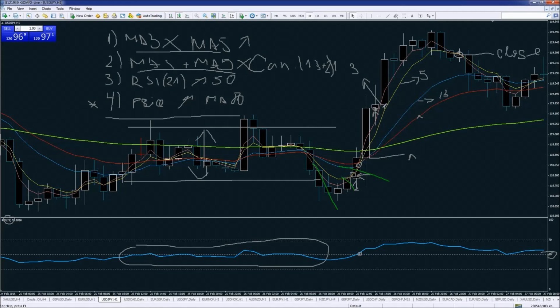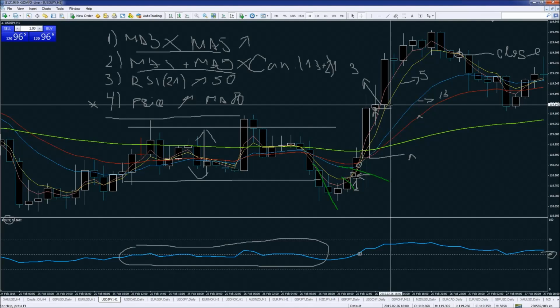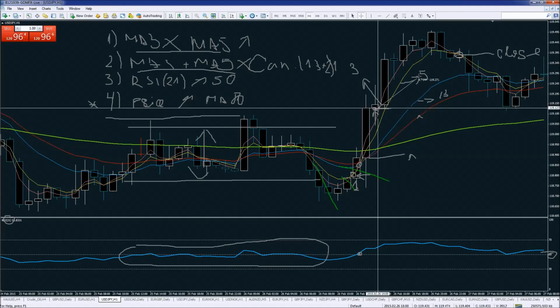If you're a conservative trader and you've entered here, if you wanted the price to be above this one and all other crossovers to be done properly as well, your future profits would have been pretty much 26 pips in about 9 hours.